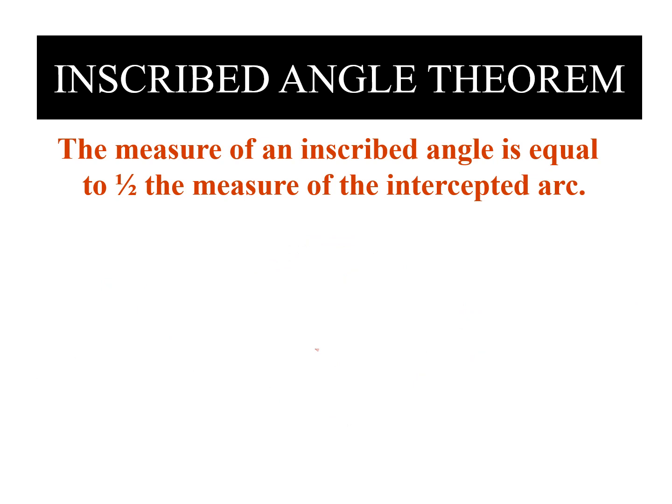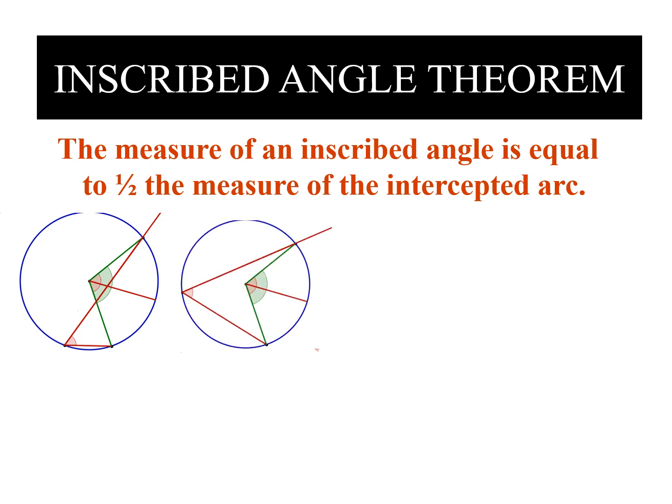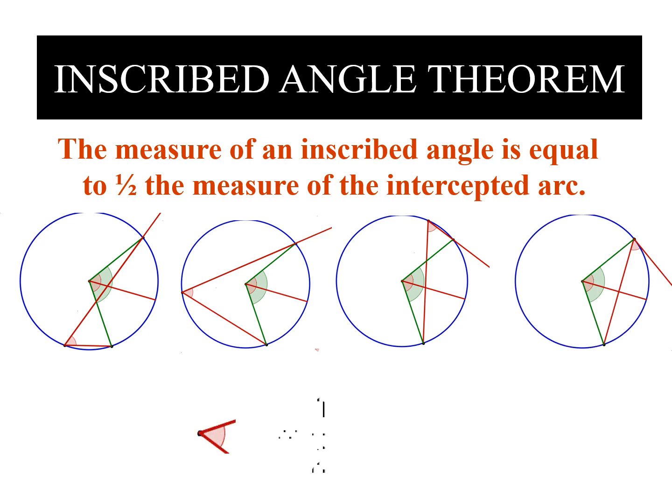Now let us look at different types of inscribed angles. So in this diagram, the angle in the red shade is equal to 1/2 the angle in the green shade. Okay? So I'm talking about this angle.